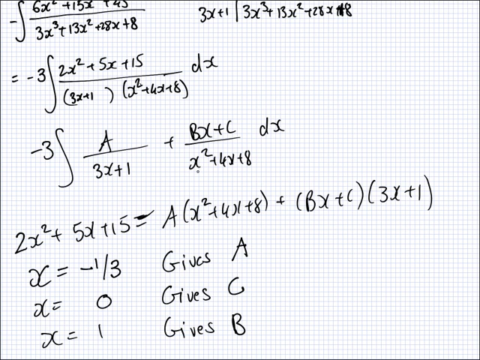Okay. What do you get for A? 2. Let's try and do C together, because you just make x 0, right? So that's 15 equals 16 plus C, so that's minus 1, divided by 1, minus 1 I think, yeah?